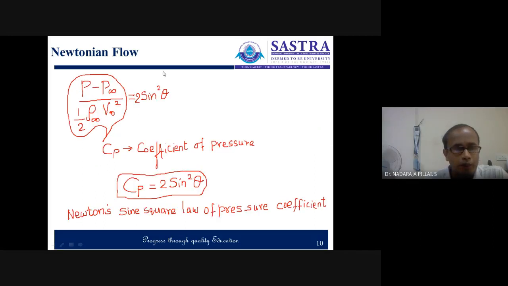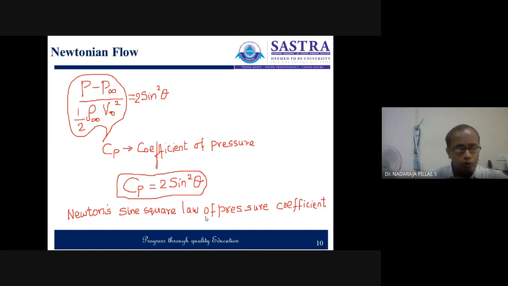Let us multiply 2 on both sides, and then we get P minus P infinity divided by half rho V square is equal to 2 sine square theta. We know this is Cp, the coefficient of pressure, equal to 2 sine square theta, and this is famously known as Newton's sine square law of pressure coefficient.